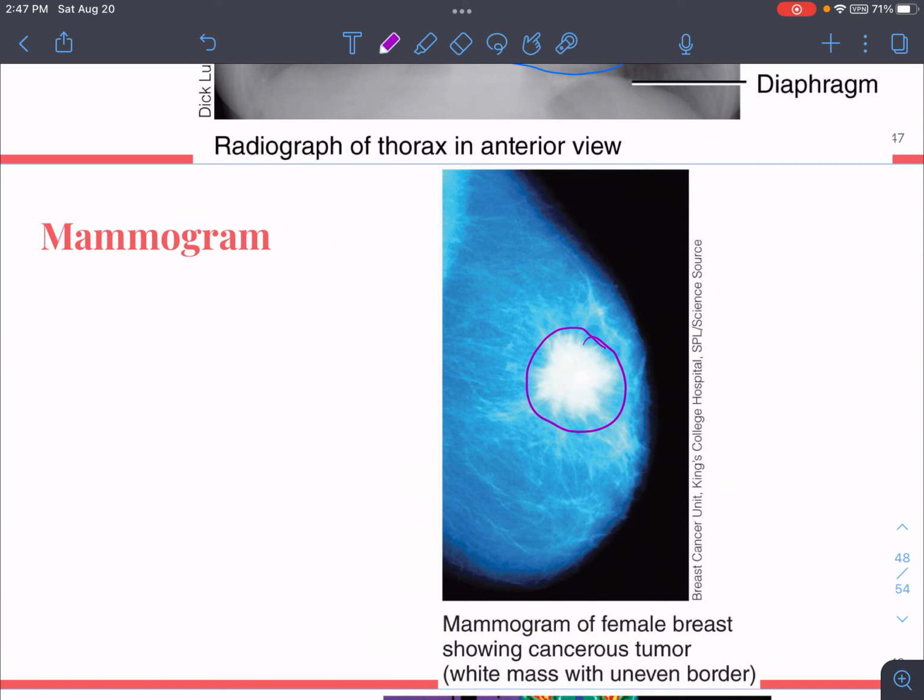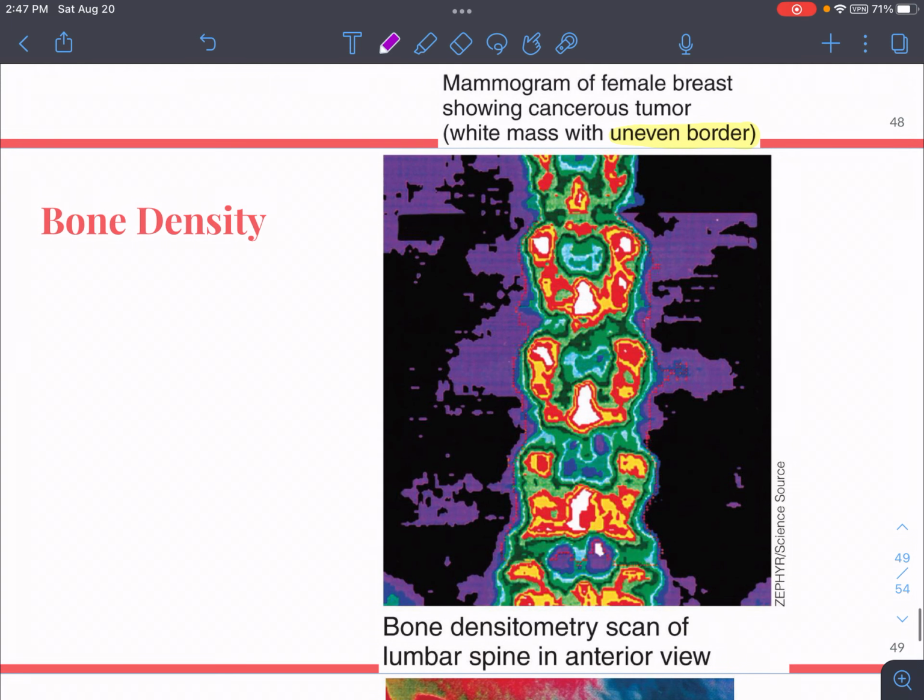A bone density test. This is helping us to look at the density of somebody's bones. Are the bones getting more worn? They're not worn, they're getting demineralized, too much calcium is being pulled out of the bones. That'll cause a decrease in bone density.